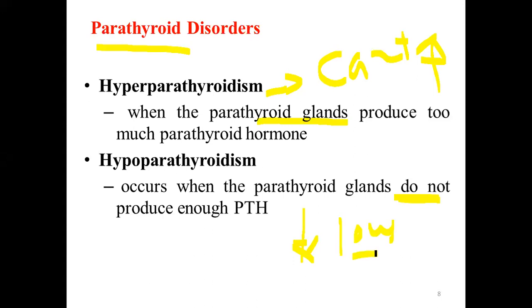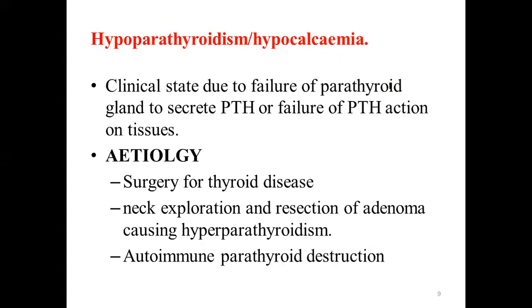This electrolyte imbalance with calcium will cause the patient to have many complications depending on the type of imbalance. So when you say parathyroid gland disorder, we are talking about the dysregulation of calcium metabolism in the serum. So we'll discuss in detail.